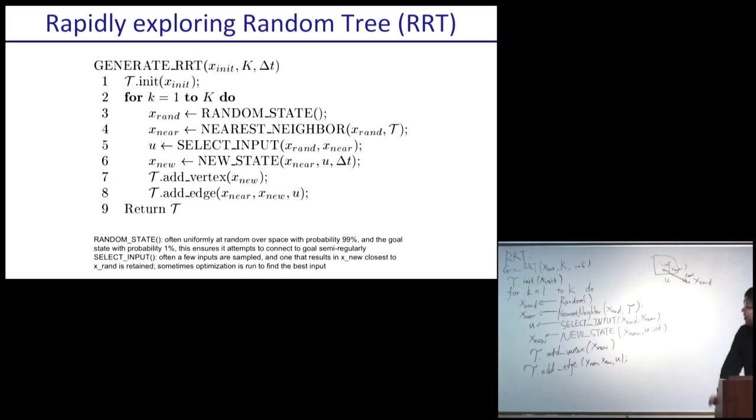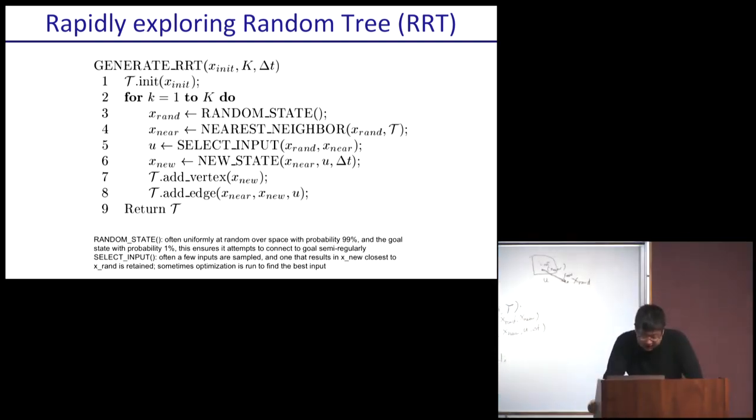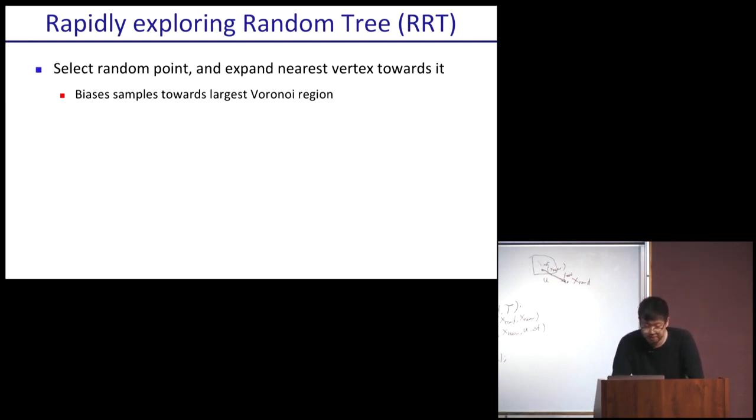If we check the small words below, there are some more things, like the random state generation generates the goal with 1% probability. So we don't want it to miss the goal. Also, for the select input, often a few inputs are sampled, so they just use sampling to get this. But in harder cases, you can always learn an inverse dynamics model to do that.